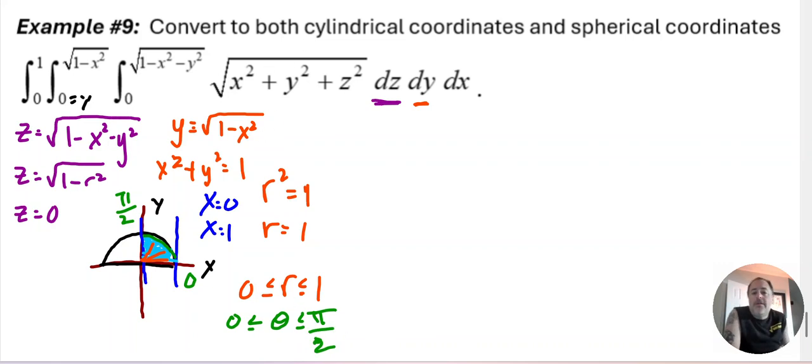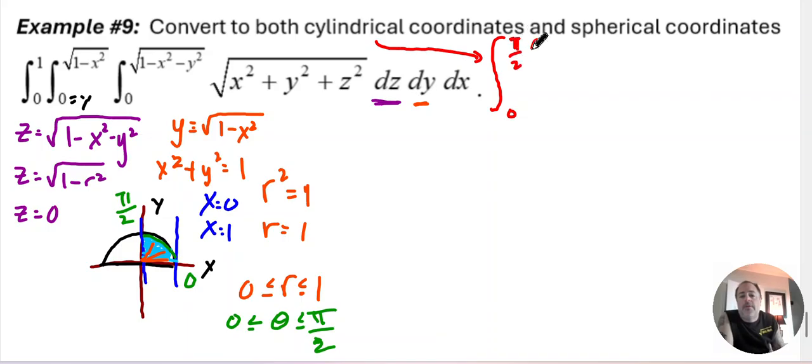So let's go ahead and do that. For cylindrical coordinates, we look at our theta, which again is between 0 and pi over 2. So go ahead and put that there. Then our radius, which is going to be 0 to 1. And then our z function, which is going to go from 0 to the square root of 1 minus r squared.